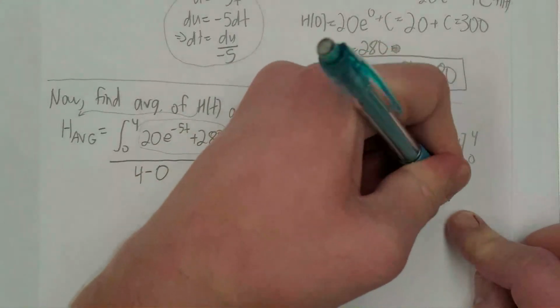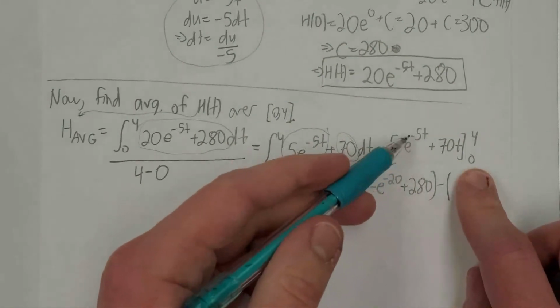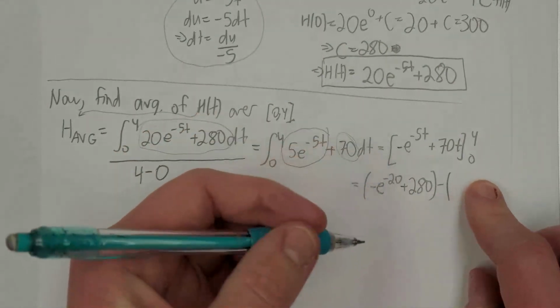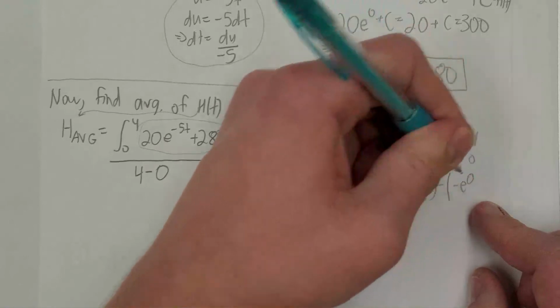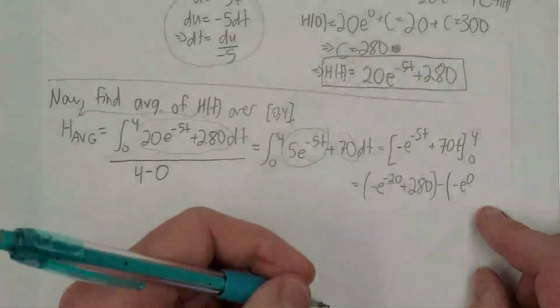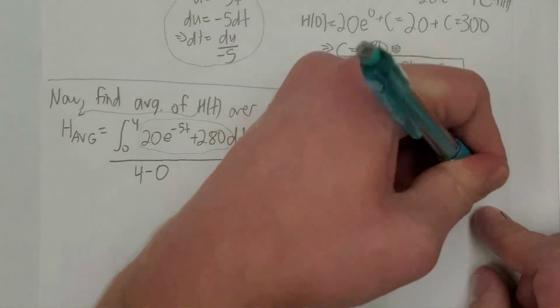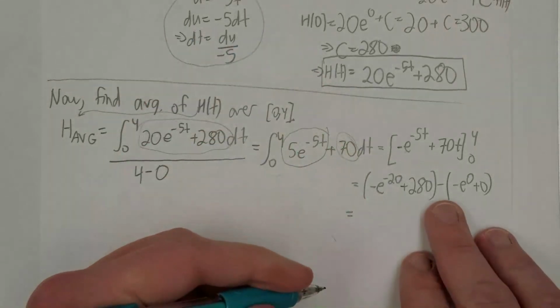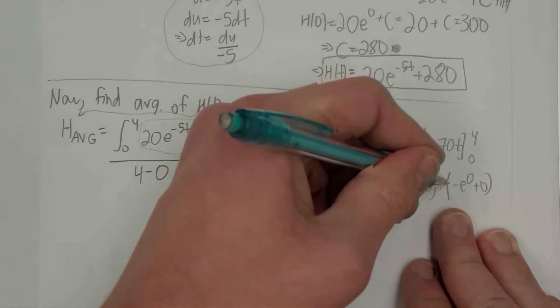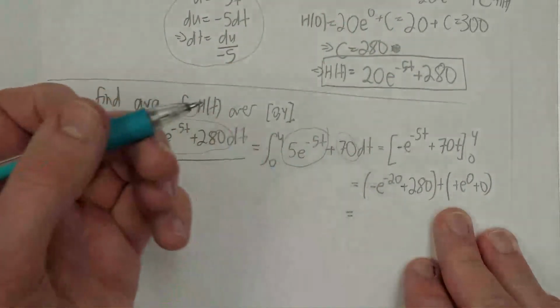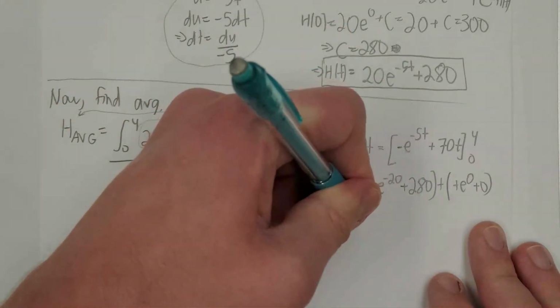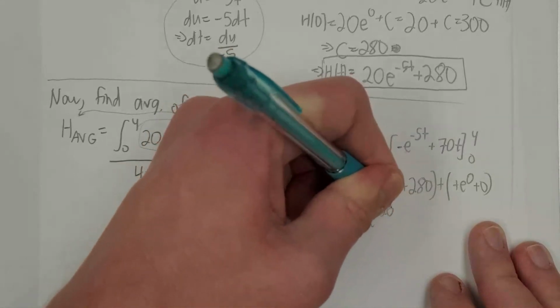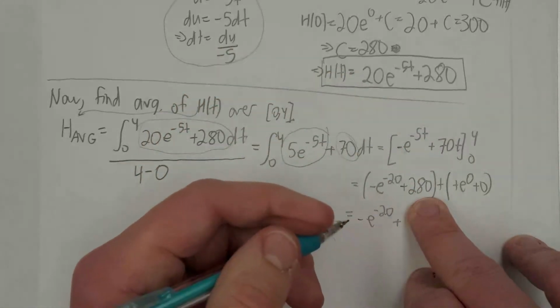Then minus, so let t equal 0 to get negative e to the 0, and then plus 70 times 0, which is just 0. Okay. So from here we distribute the negative to get plus e to the 0, or just 1. So ultimately we have negative e to the negative 20th plus 280 plus 1.